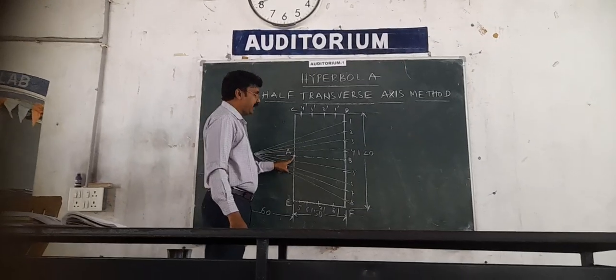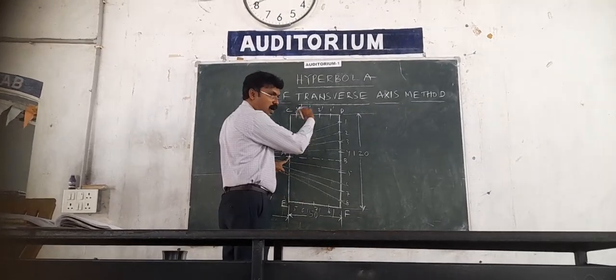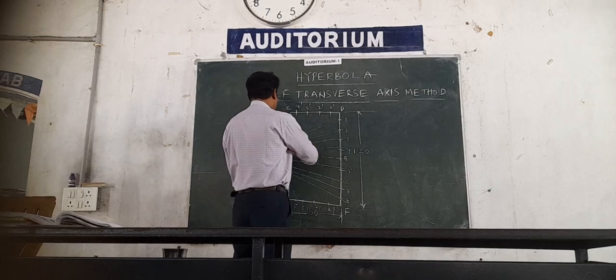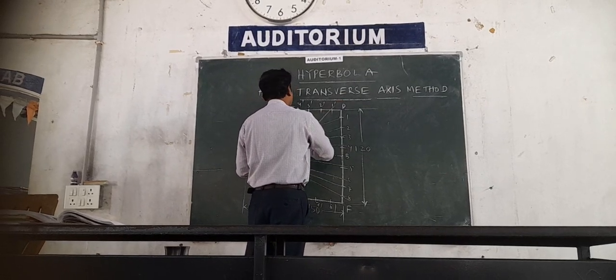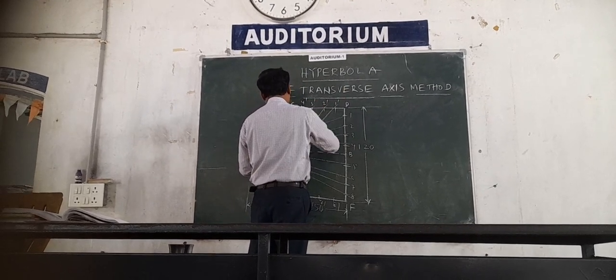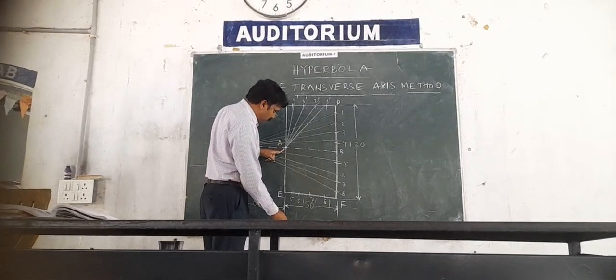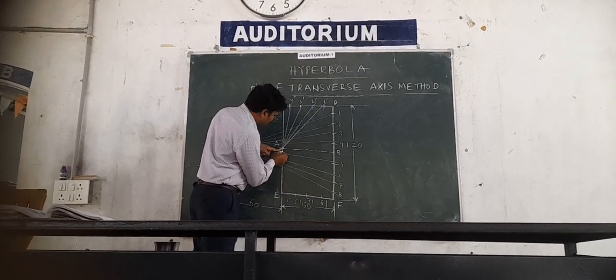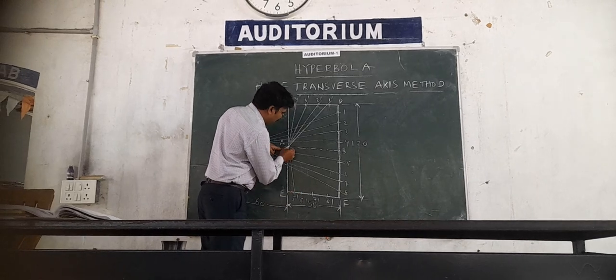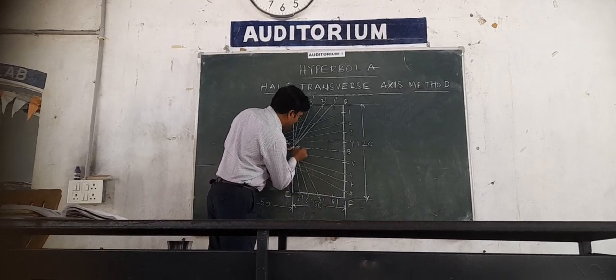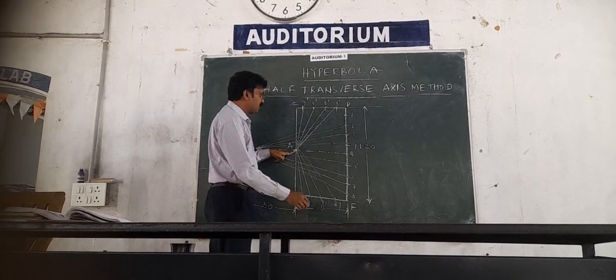Now from A, to the top and bottom dash points: A to 1 dash, A to 2 dash, A to 3 dash, A to 4 dash. Come to the down abscissa: A to 5 dash, A to 6 dash, A to 7 dash, A to 8 dash.